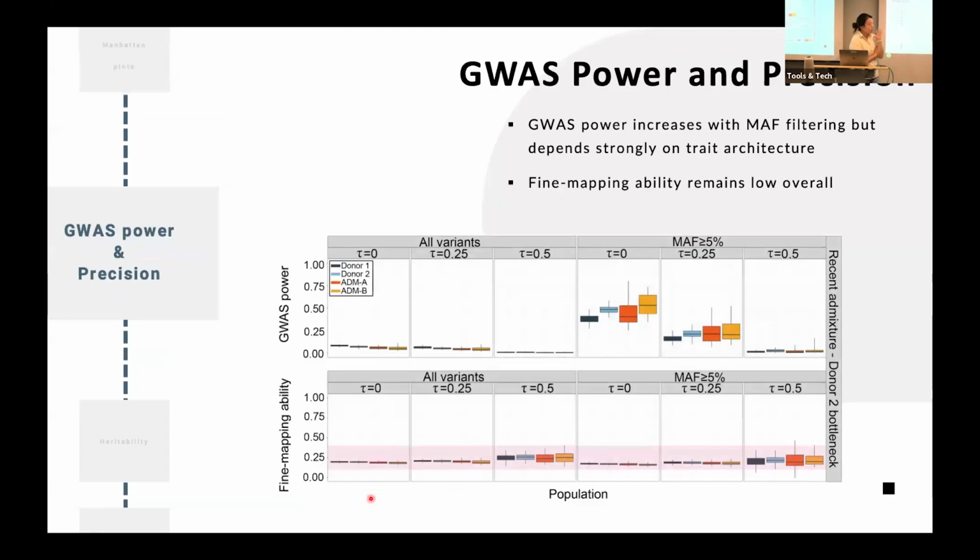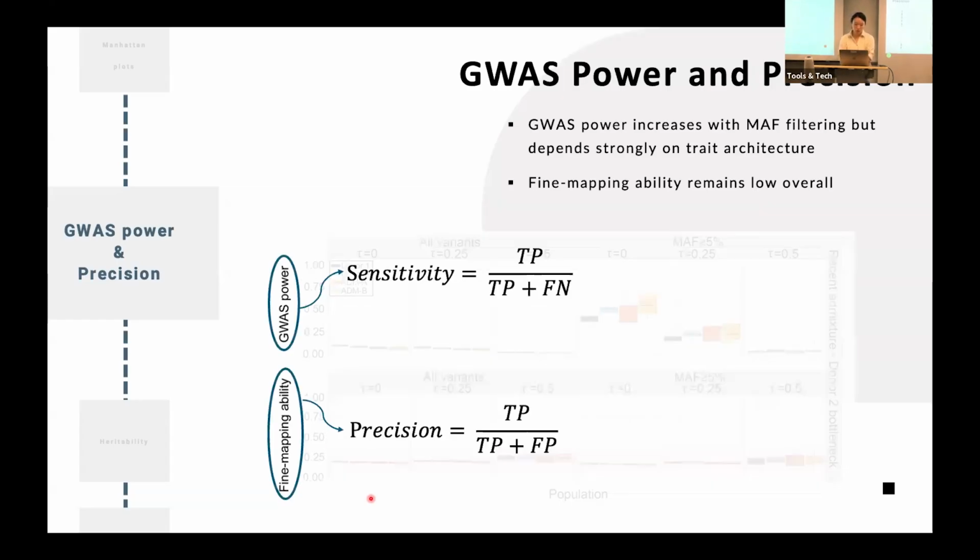So if we looked at the overall association patterns, the next thing that we can analyze is how well we can detect and localize the true causal variants. For that, we quantified the GWAS power and fine-mapping ability.